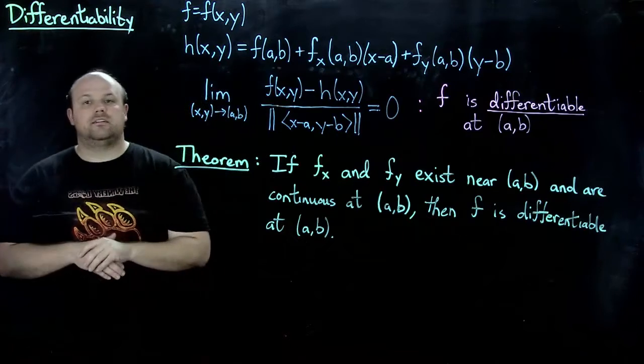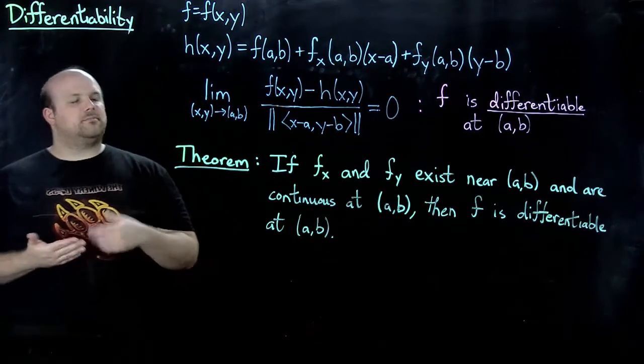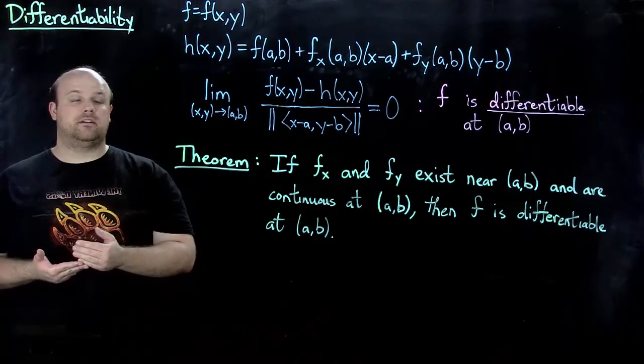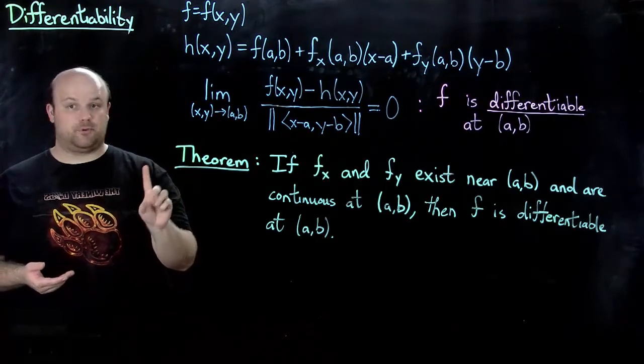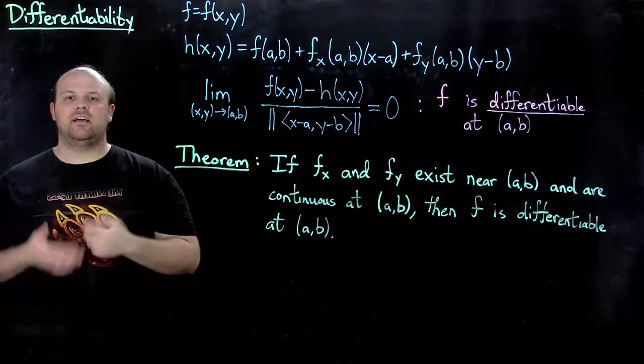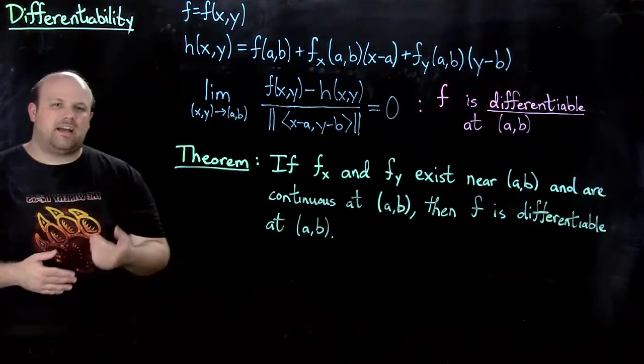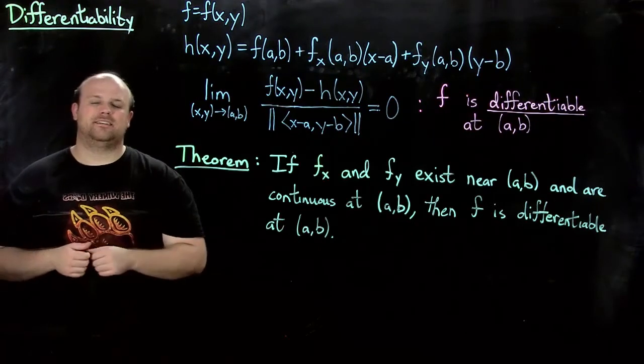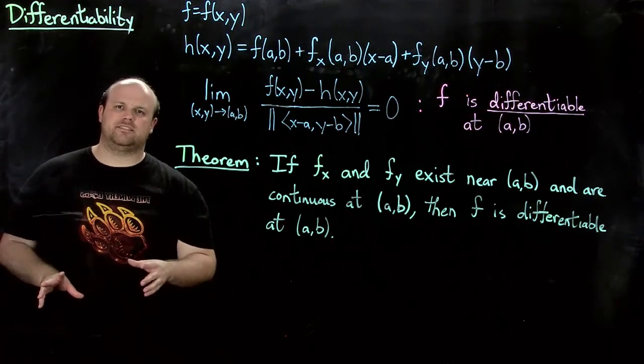Okay? So, like I said, it's almost like if you can write down the derivatives of the function, then it's differentiable. I know that seems a bit strange to say if you can do it, then it is what it is, but this should kind of make sense, right?